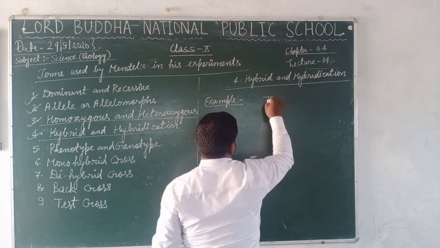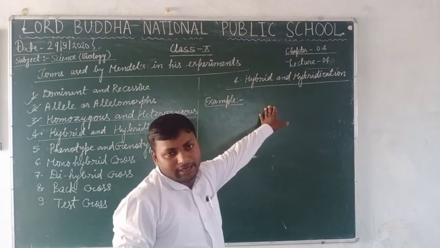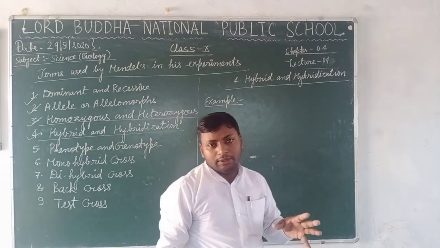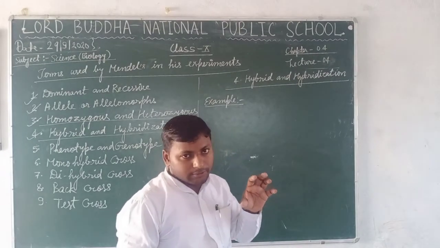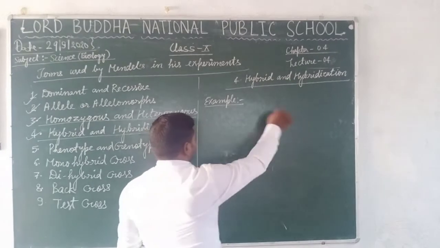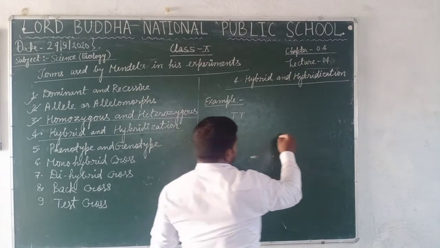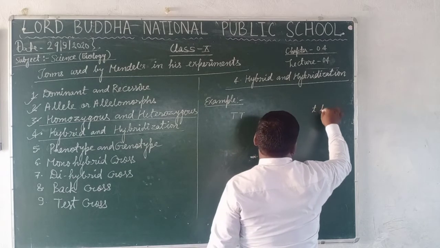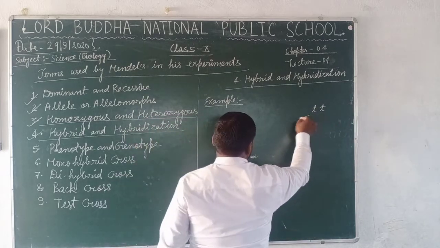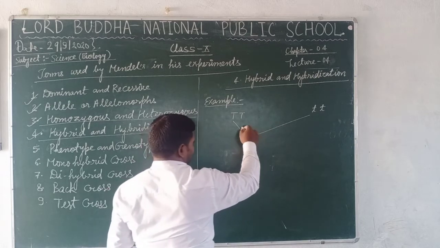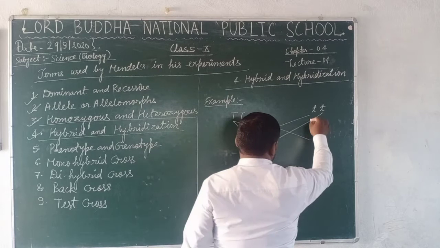When cross fertilization is made between two pure breed parent plants, let's take a pure tall stem plant and a dwarf stem plant, then the process of cross pollination is made between both plants.